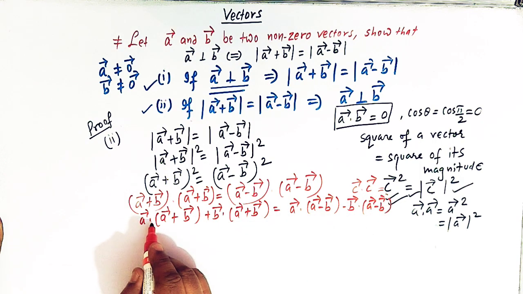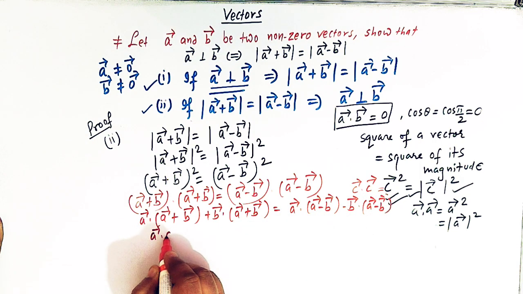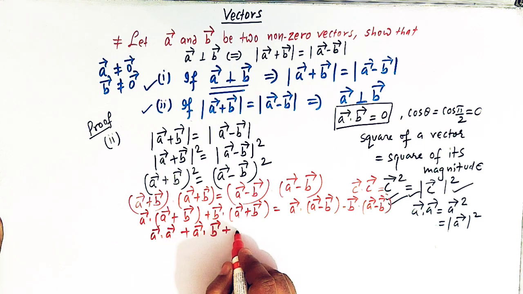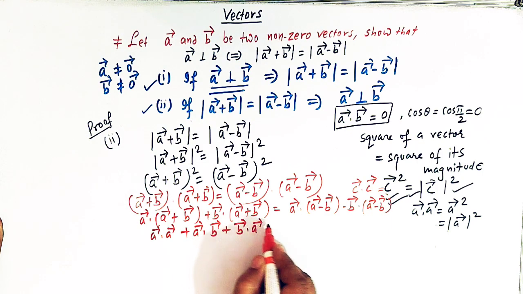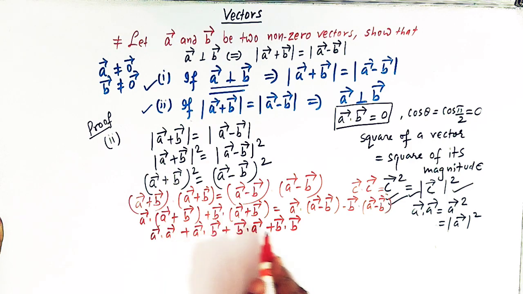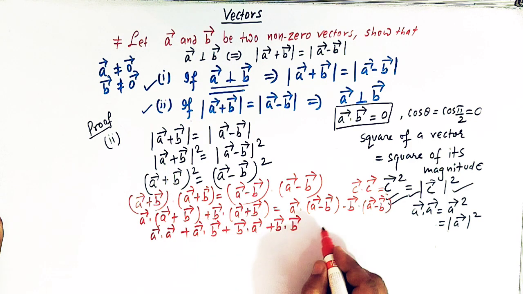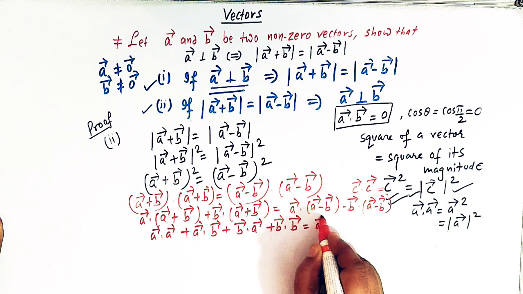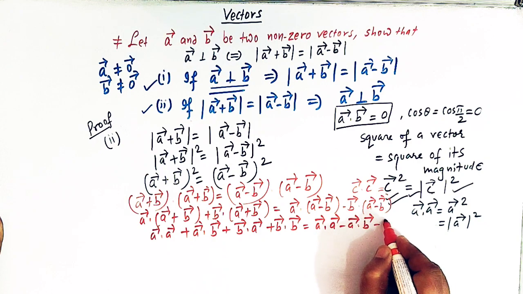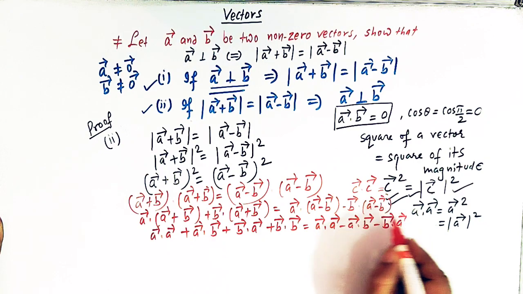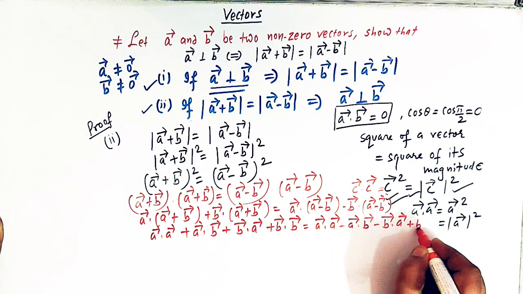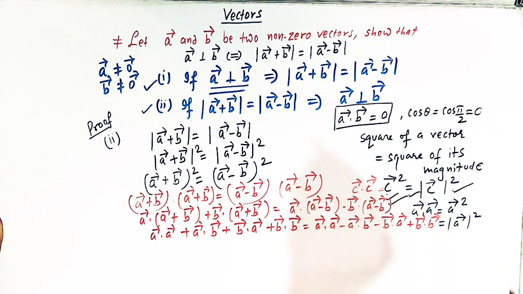So now here we have a dot a, then we have a dot b, and then we have b dot a, and here we have b dot b, right? So this is b dot a, and then b dot b, then here we have a dot a minus a dot b, this is minus b dot a, then minus minus plus, and we have b dot b, right?